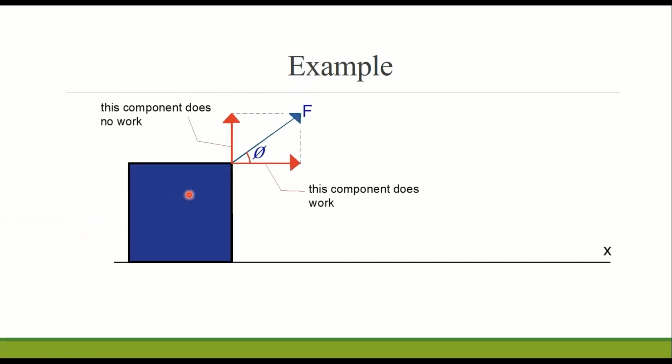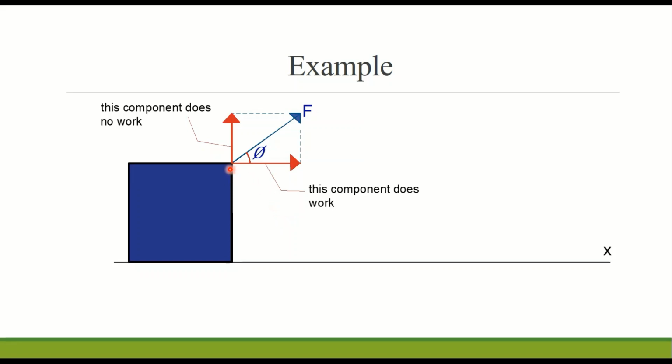Let's consider this cubic box as an example to get a better understanding of the work-energy theorem. In this given scenario, the applied force, denoted as F here, doesn't align directly with the object's displacement along the x-axis. Rather, it acts at an angle phi in relation to the displacement d. It's crucial to recognize that for work to occur, the force and displacement should be parallel.